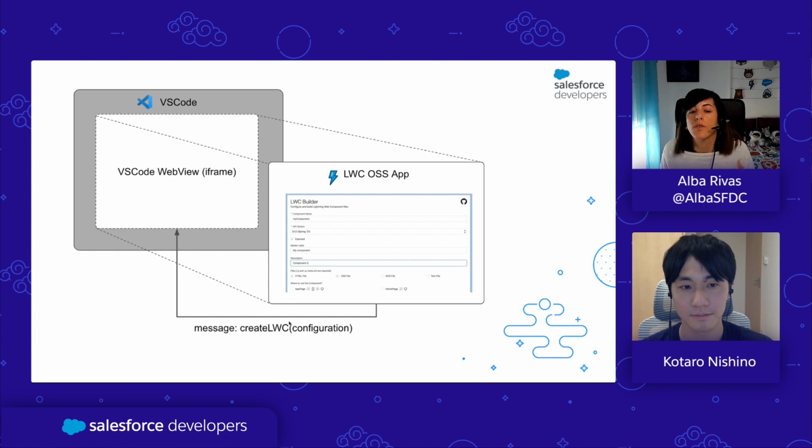We create a message. This message is going to contain a payload, and that payload is going to contain all the configuration that the user has selected and really the final files that need to be created, right? And we are going to pass that message to the extension, and the extension is going to listen to that message and create the files.